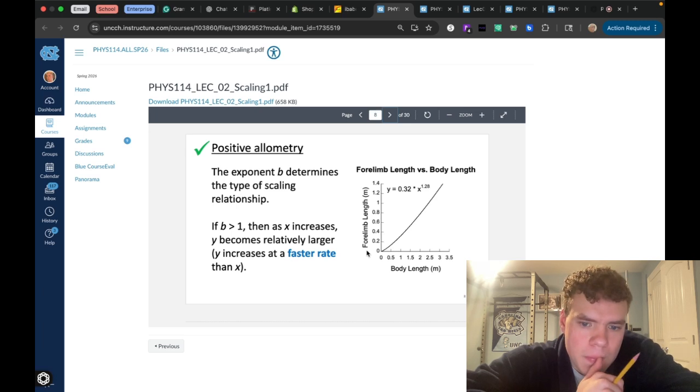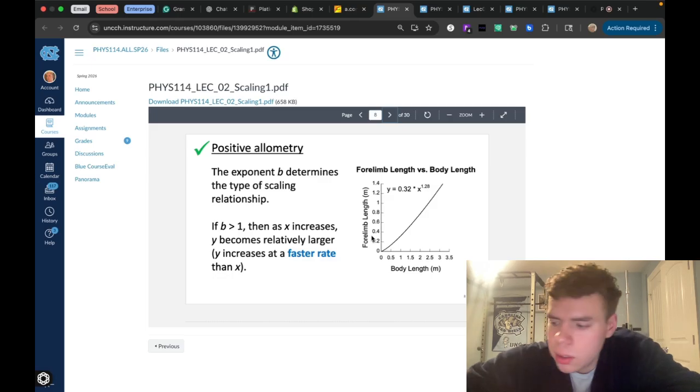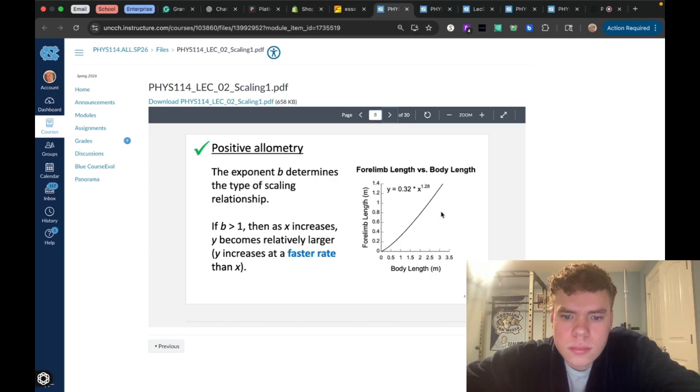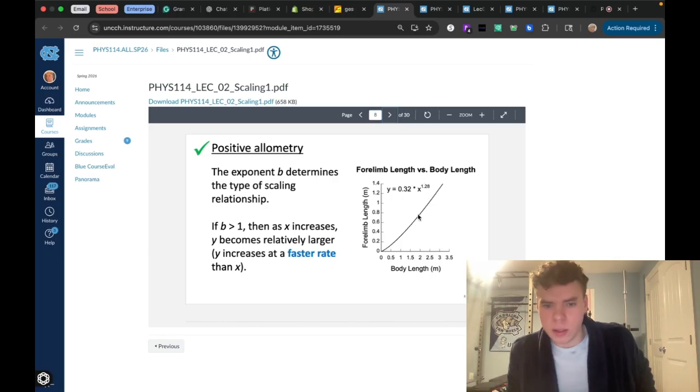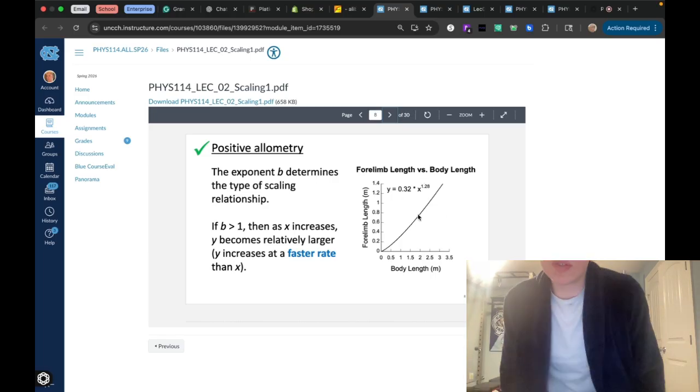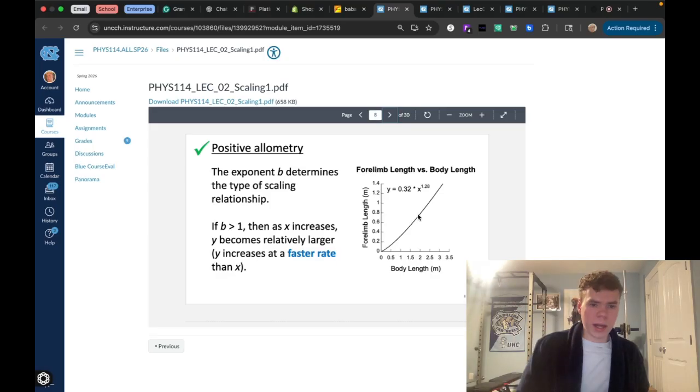Okay. And then a here is just the average body length when the forearm length is 0, when they don't have legs.